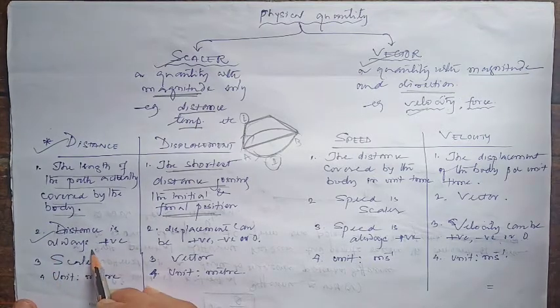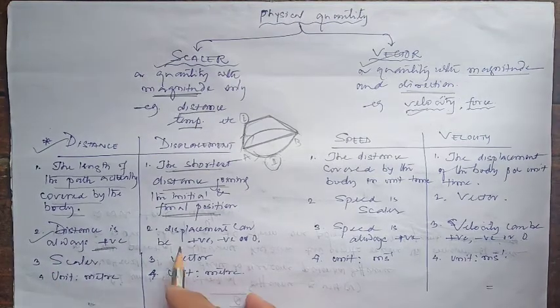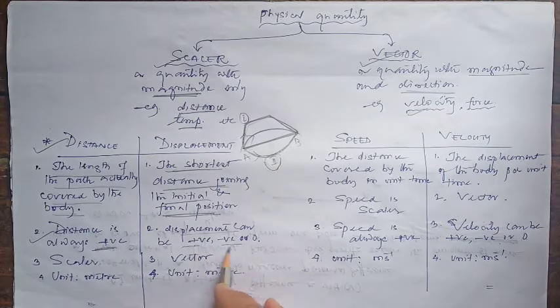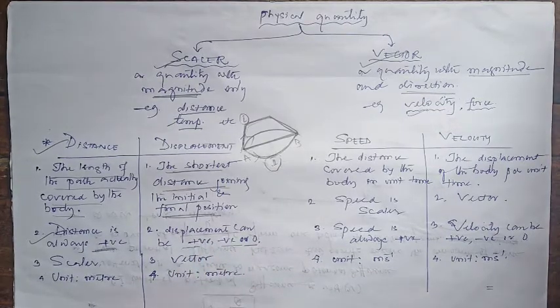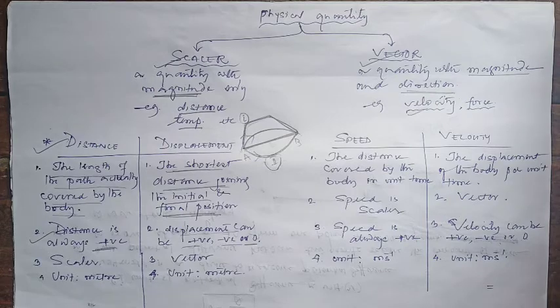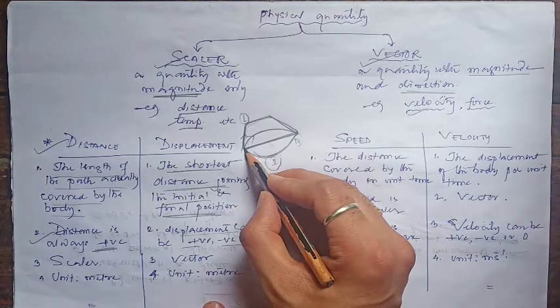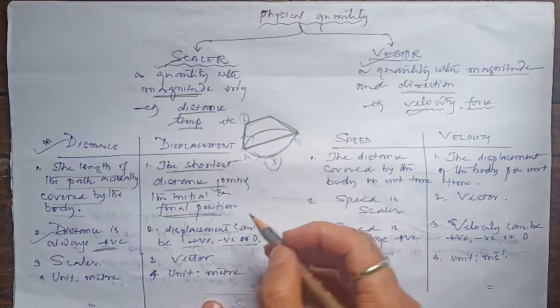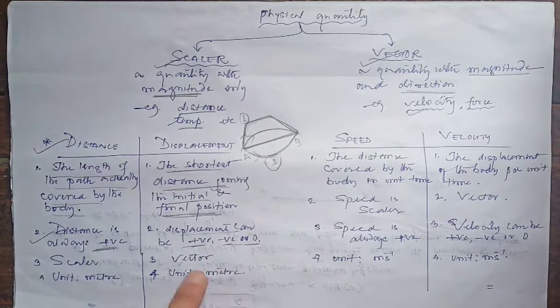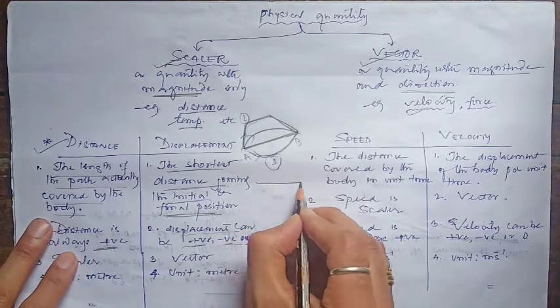Now distance is always a positive quantity. Displacement can be positive, negative, and zero. Now what is the meaning of distance being always positive? And displacement is positive, negative, zero. Positive and negative simply indicate the direction. In maths, we know the number line.